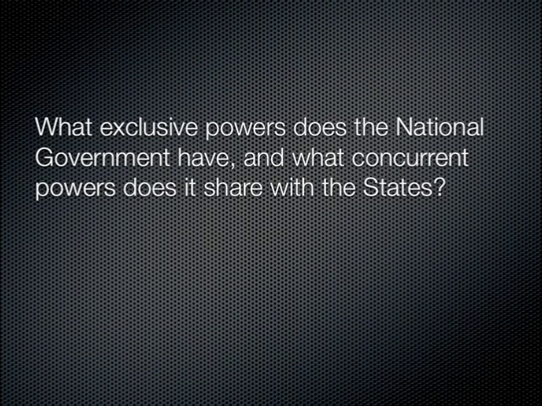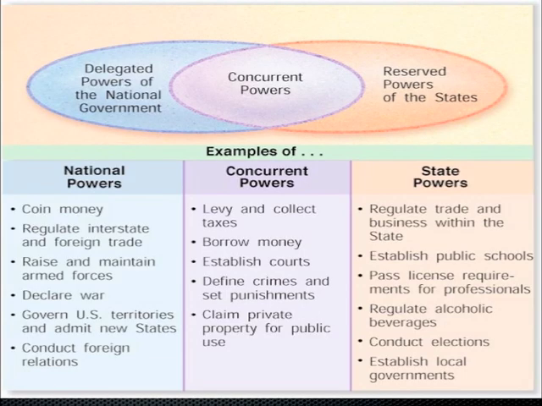What exclusive powers does the national government have, and what concurrent powers does it share with the states? Powers that can be exercised by the national government alone are known as the exclusive or delegated powers. Examples of the exclusive powers are the national government's power to coin money, to make treaties with foreign states, and to lay duties, meaning taxes, on imports.